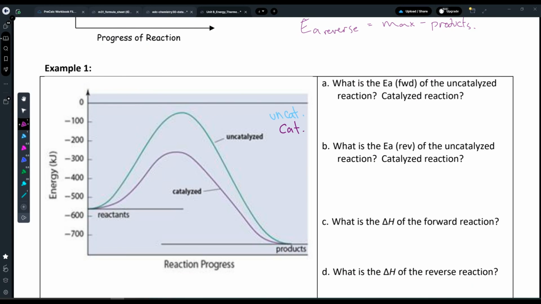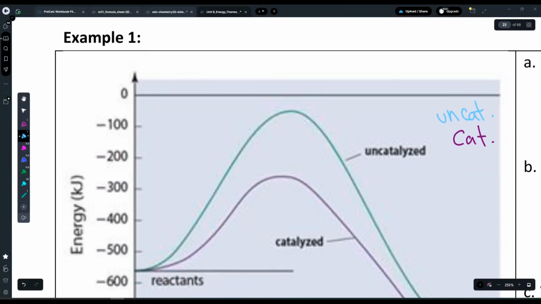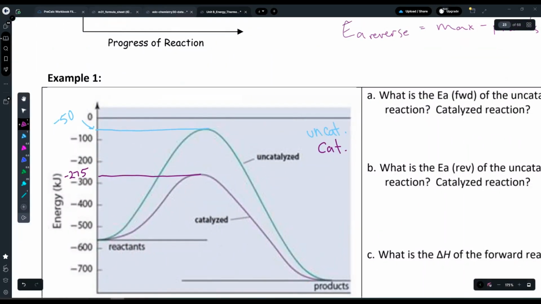Okay. So now that we have some numbers for our potential energy, we need to figure out where the top of our hill is. So this is about halfway in between 0 and negative 100, so I'm going to say that's negative 50 kilojoules, whereas this one over here, that one we'll say is about negative 275 kilojoules.